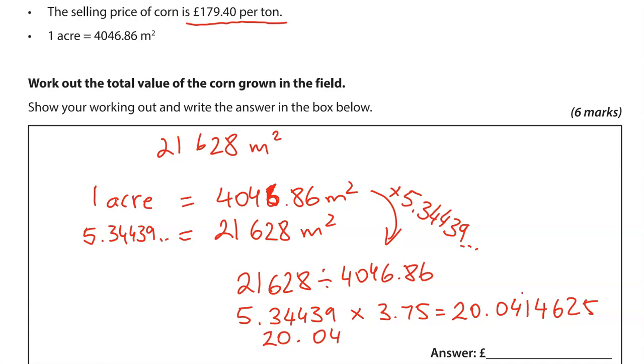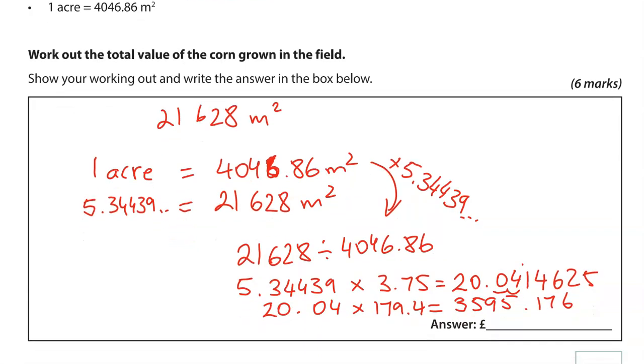So I'm going to round it to 2 decimal places, by 179.4, which is 3,595.176. So 3,595 pounds and 18 pence, because we need only 2 digits, and looking at the 6 means we've got to round up.